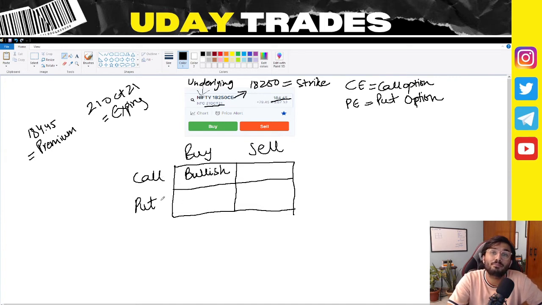When you buy the put option, your view is bearish. When the Nifty underlying, as in the market, which we call the spot price, starts going down, that is when you profit. So your view when you're buying a put option is bearish.